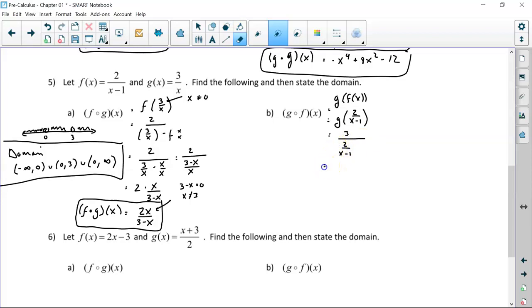Once again, we don't divide fractions, we multiply by the reciprocal, so it becomes 3 times the reciprocal of 2 over x minus 1, which is x minus 1 over 2. You can put that 3 over 1 and just multiply. We get 3x minus 3 over 2. That's g of f of x.